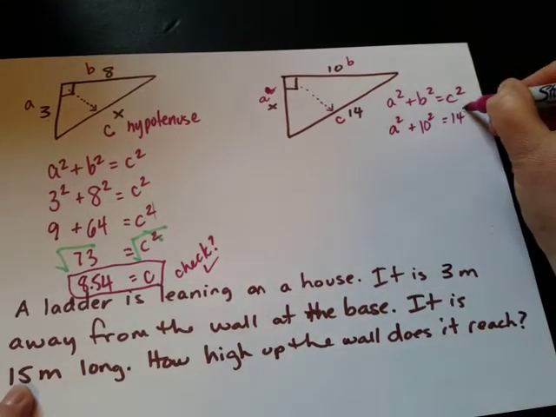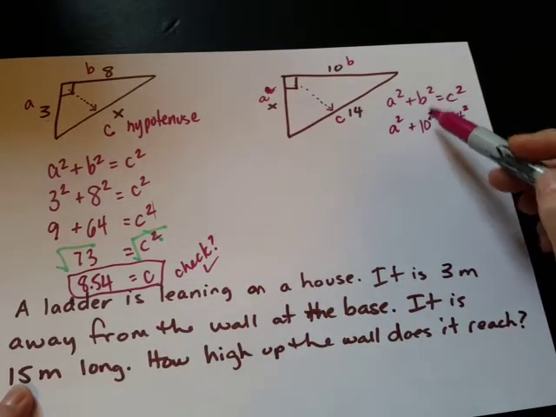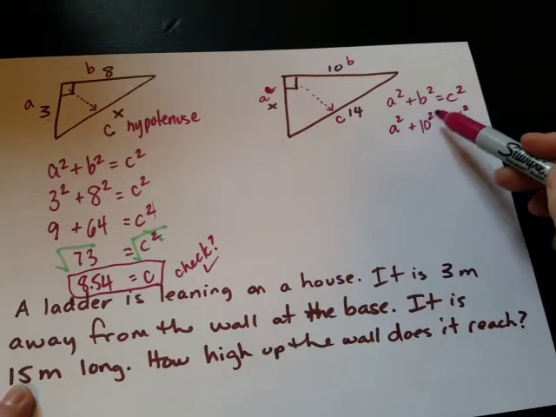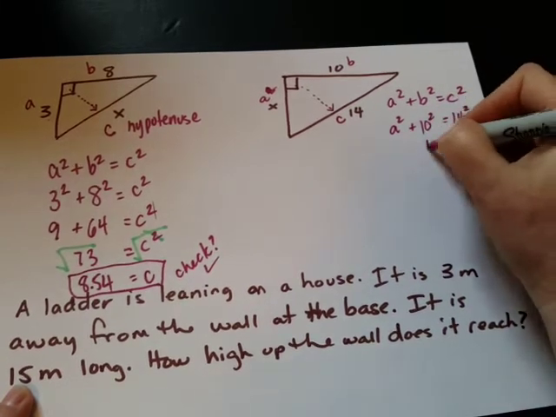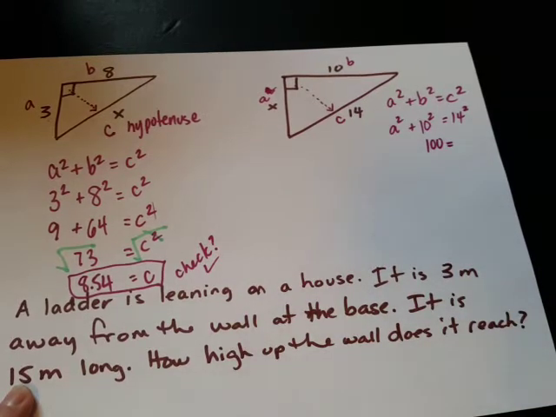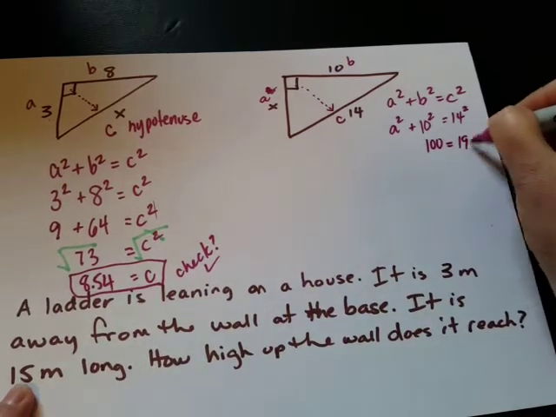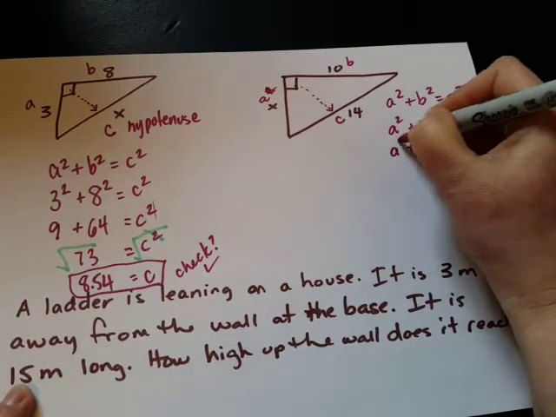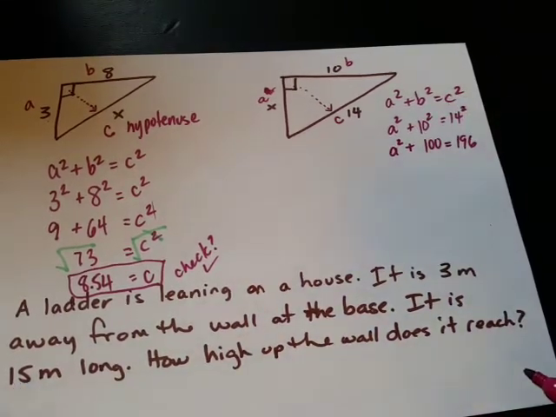So we want to evaluate each of these. This is 10 to the power of 2, or 10 times 10, which is 100. We've got 14 times 14. And of course, A squared is just going to stay the way it is.